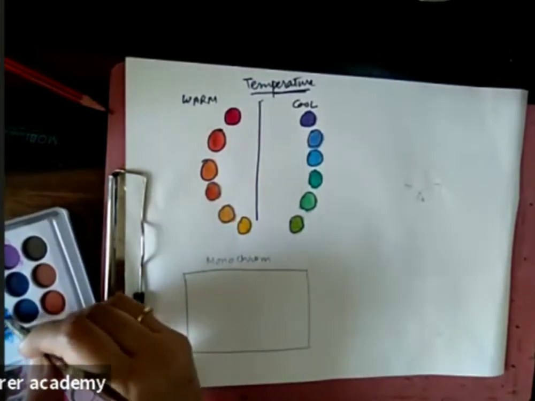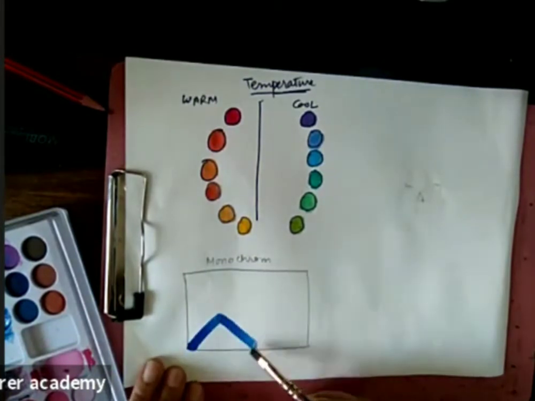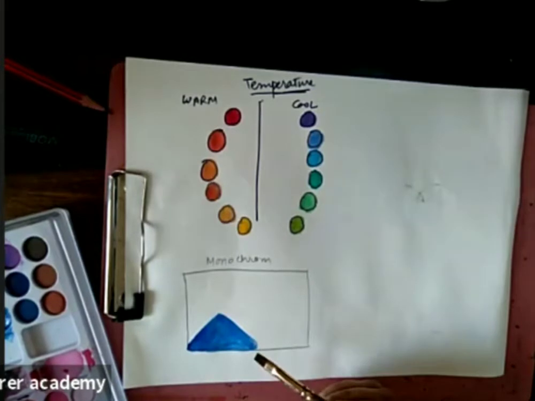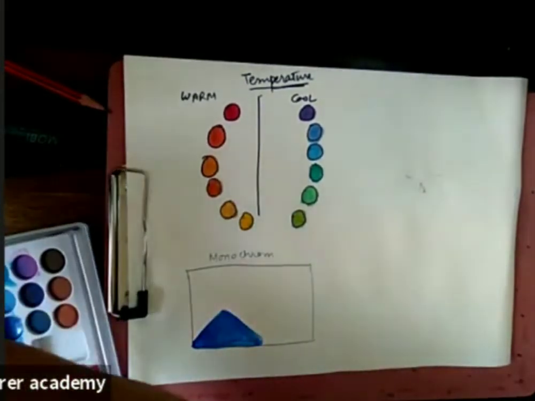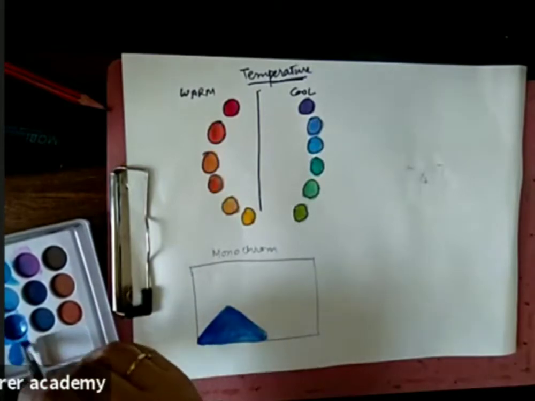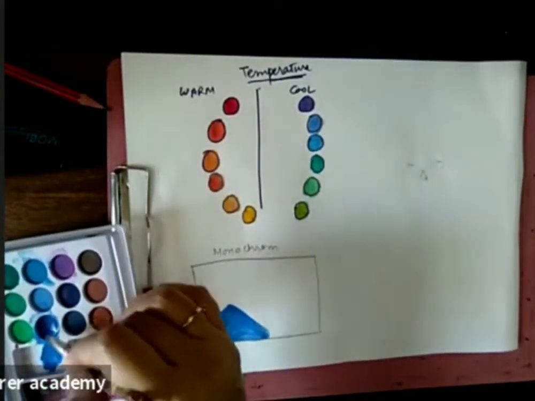So keep on adding more and more of water and you will see the shade is becoming different. So this was my shade, original shade of the blue, where I have added little water. And now I am going to add more water to it. So I'll just take it on the side palette, little bit of blue color.